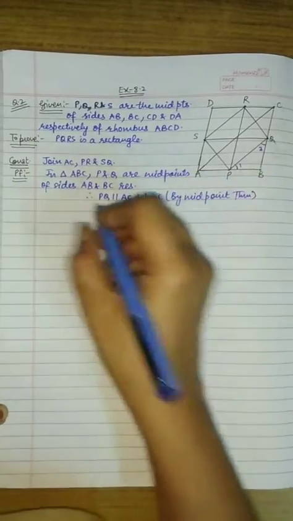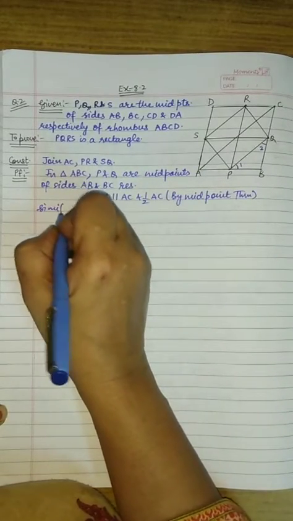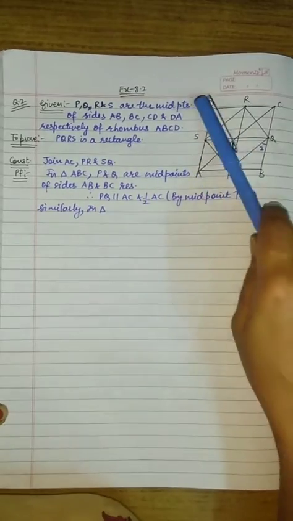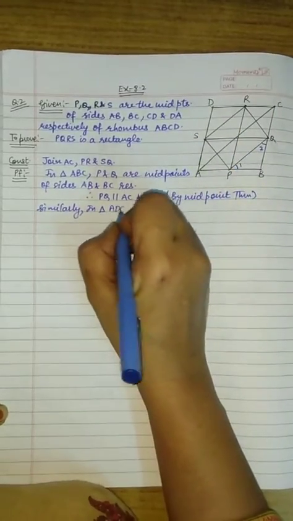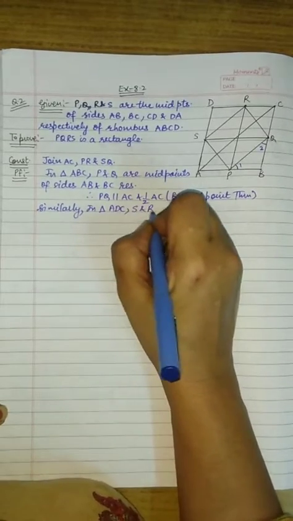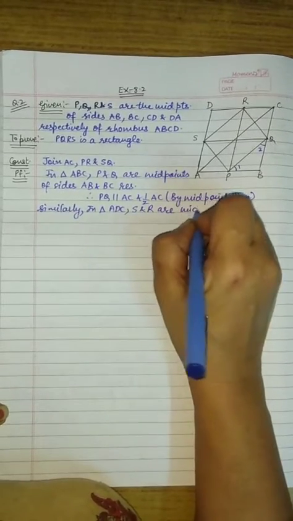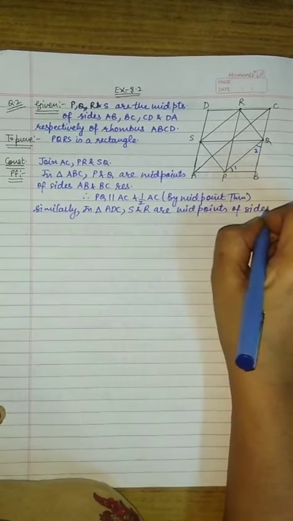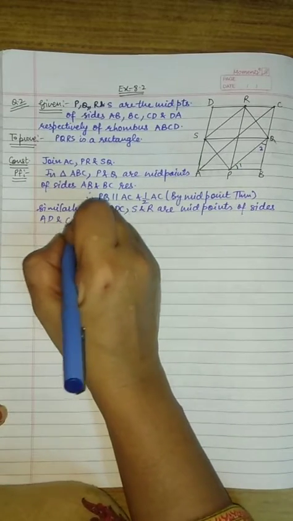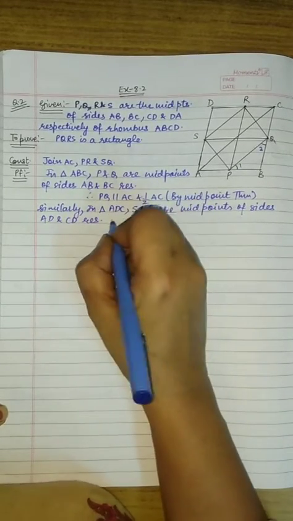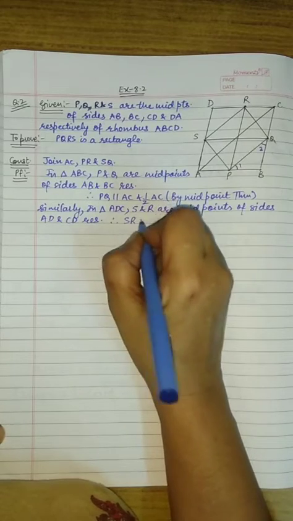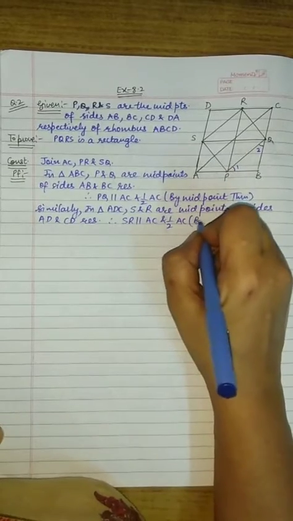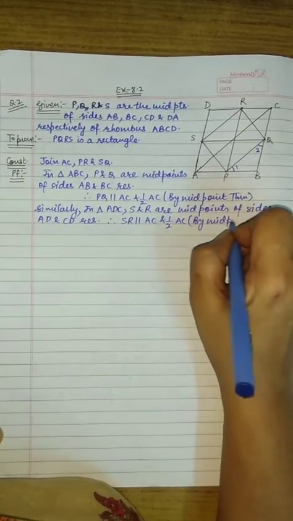So, similarly, now we are taking triangle ADC. S and R are midpoints of sides AD and CD respectively. Therefore, SR is also parallel to AC and half of AC by midpoint theorem.